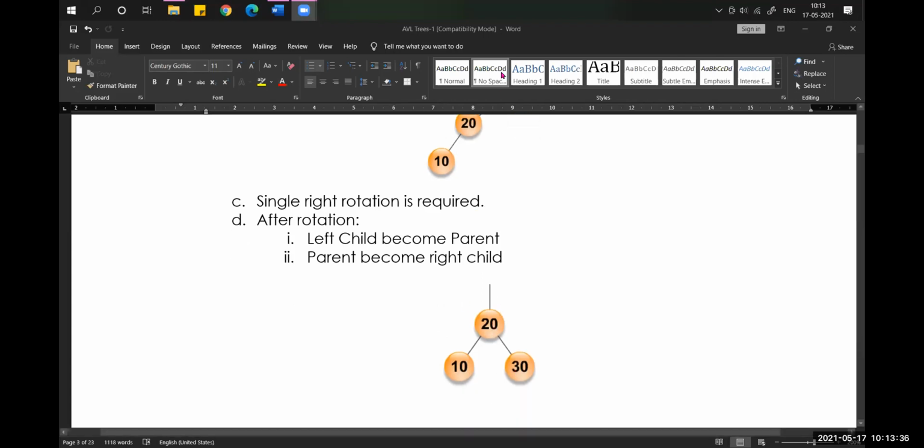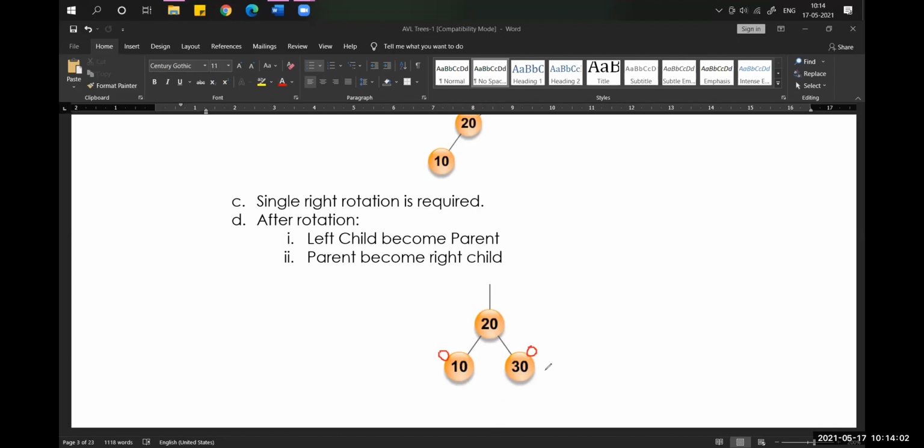Now let's check the balance factor here. Here there is no left child, no right child. That's why the balance factor is 0. Even if you take 30, the balance factor is 0 because there is no left child and no right child. Now what about 20? Here one right child is there and one left child is there.